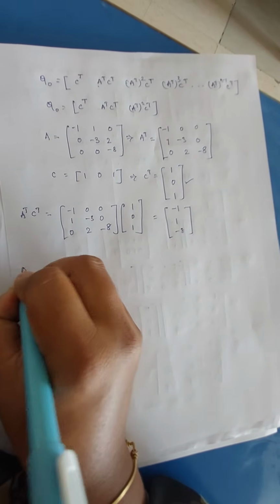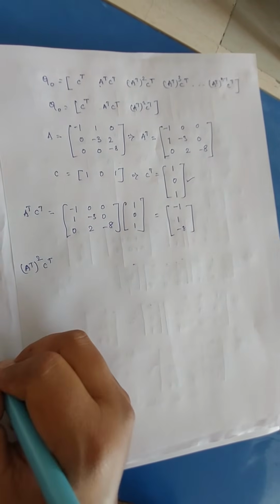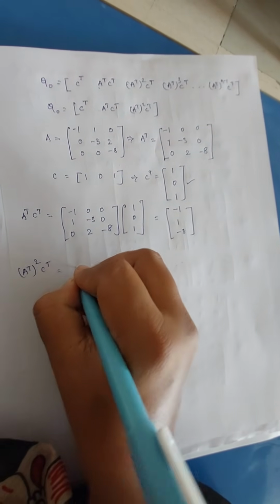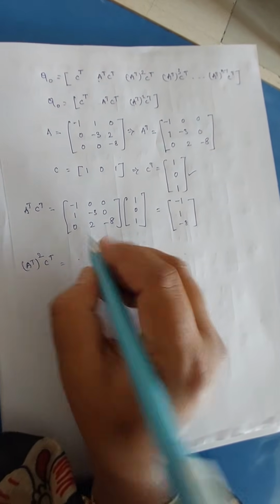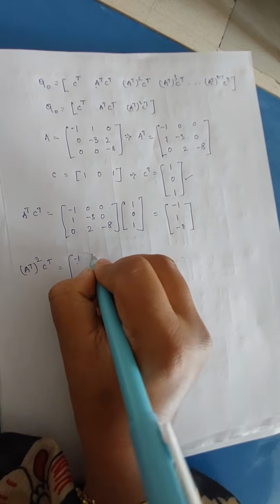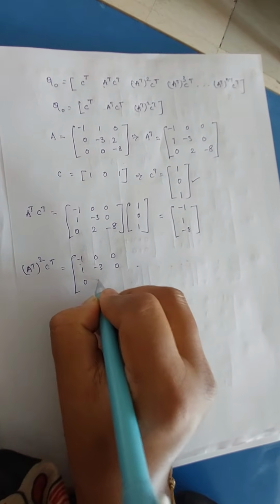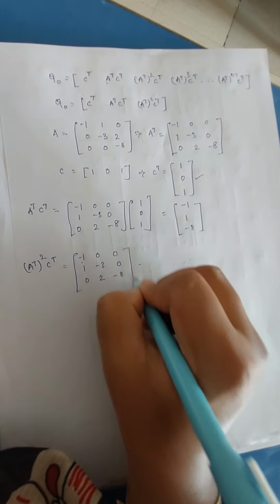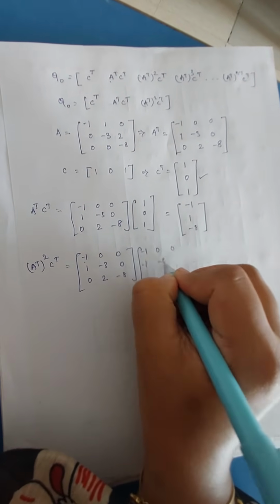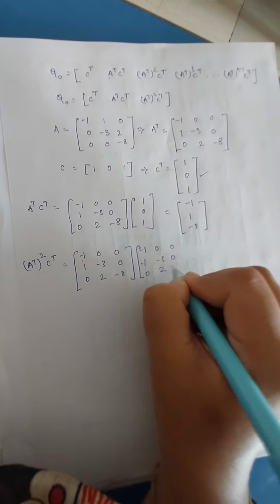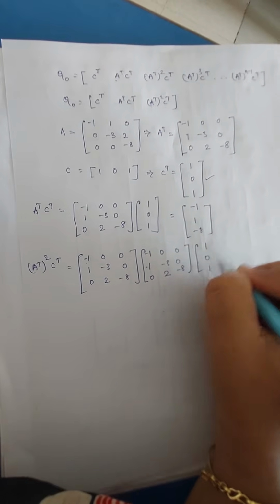Next we go with A transpose whole square C transpose. A transpose whole square is A transpose multiplied by A transpose, that is minus 1, 0, 0, 1, minus 3, 0, 0, 2, minus 8 into minus 1, 0, 0, 1, minus 3, 0, 0, 2, minus 8, into C transpose 1, 0, 1.